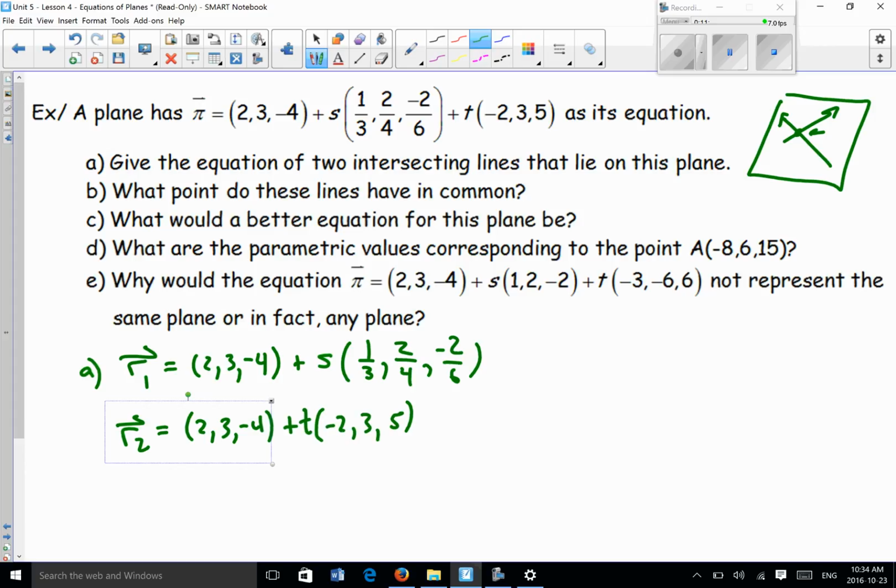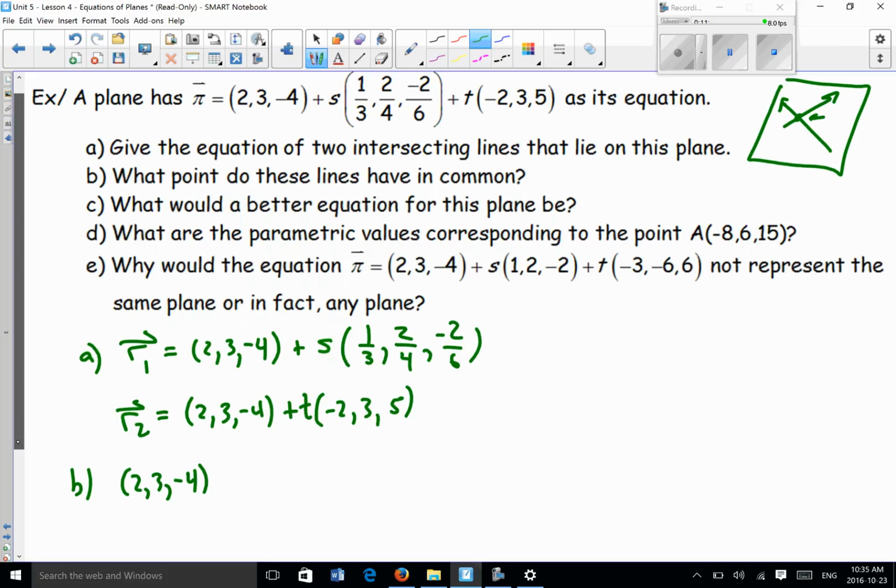Yeah, I've got myself two lines. Planes give you lots of information. What point do these lines have in common? Well, obviously that would be the point 2, 3, negative 4.